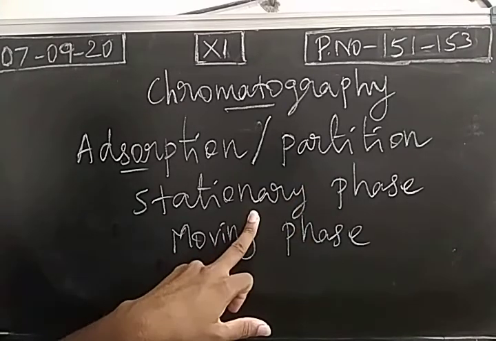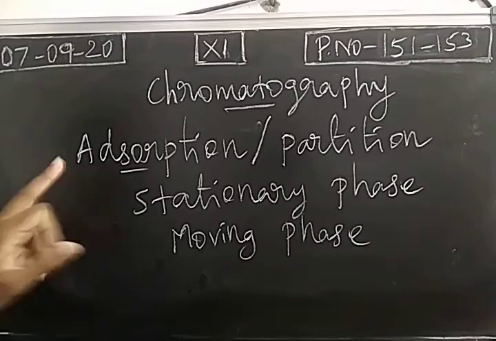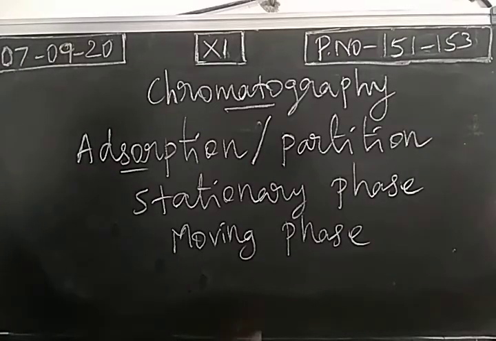In a solid stationary phase, the principle will be adsorption. In a liquid stationary phase, the principle will be partition. The moving phase may be a liquid as well as gas. So we need two phases for conducting a chromatographic experiment.